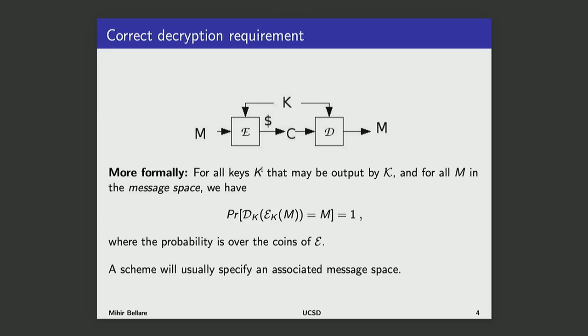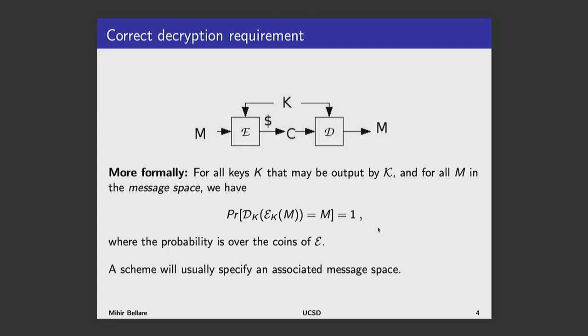Once you fix those two, it says encrypt the message under the key, get the ciphertext, and now decrypt that ciphertext under the same key, and I want to get back the original message. So very simple. This just reverses this. Why is there a probability around it? Because we said that E was randomized. So potentially what's coming back here has many different possible values. So there's some kind of probability associated with this.